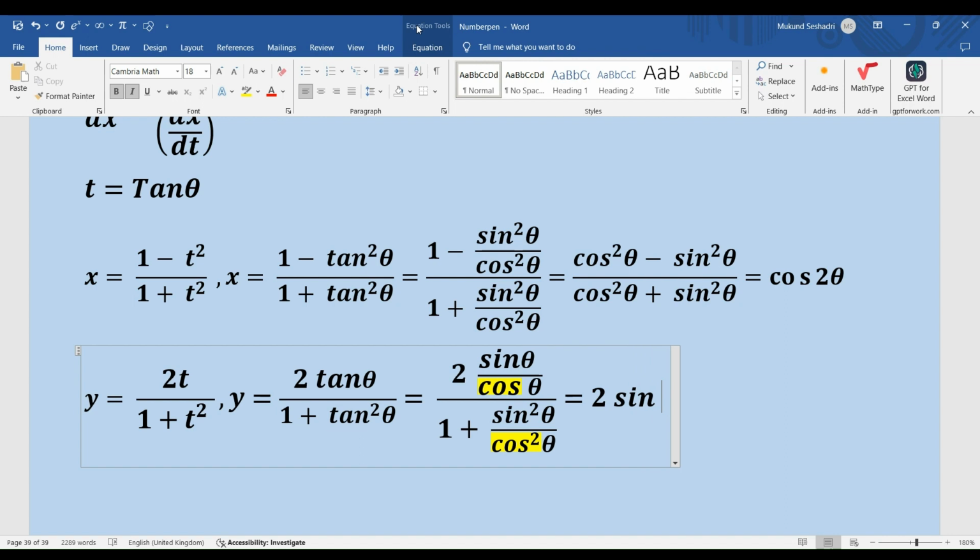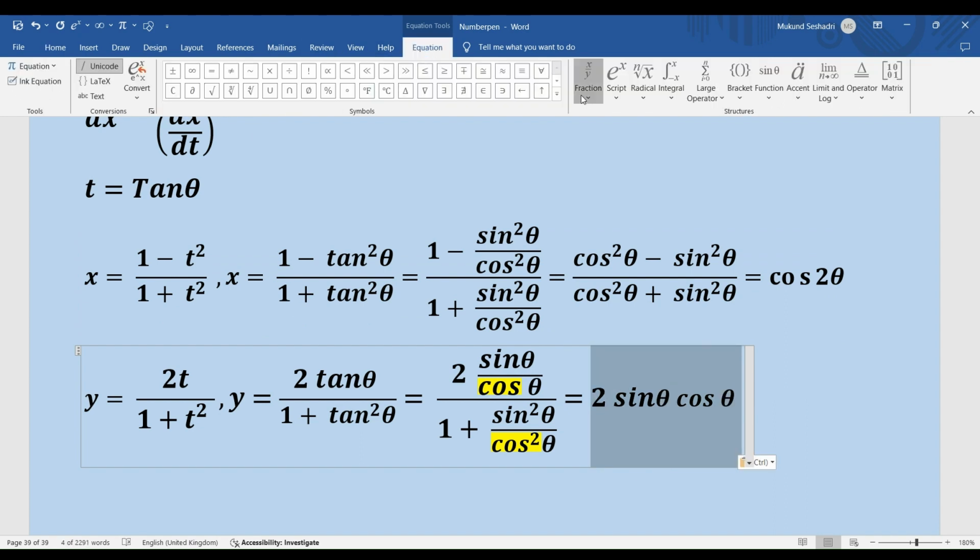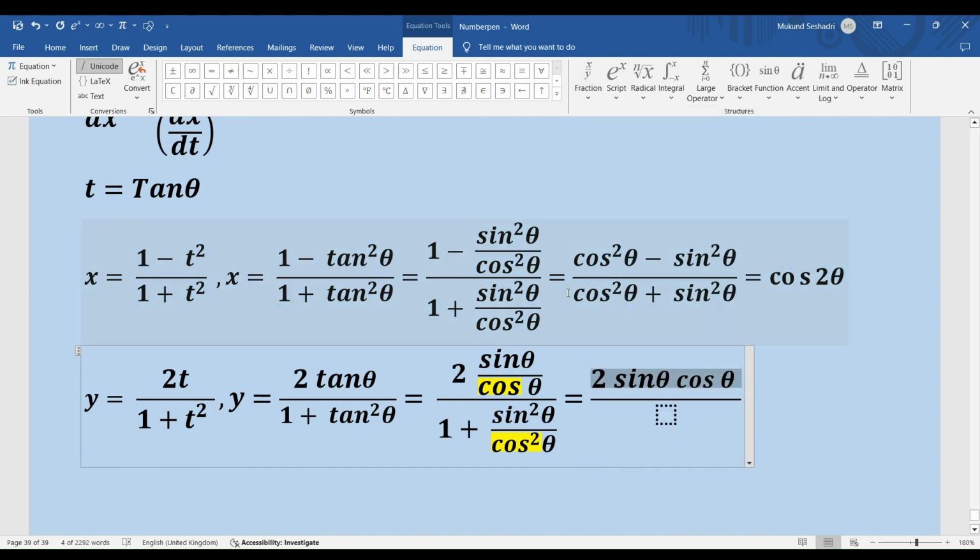I will end up with 2 times sine theta into cos theta. And why is that? Because my cos square theta's 1 cos theta goes to the numerator after I cancel out. I'm left with 2 sine theta cos theta, the whole divided by cos square theta plus sine square theta.